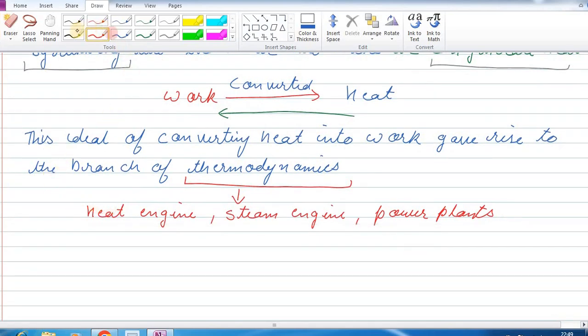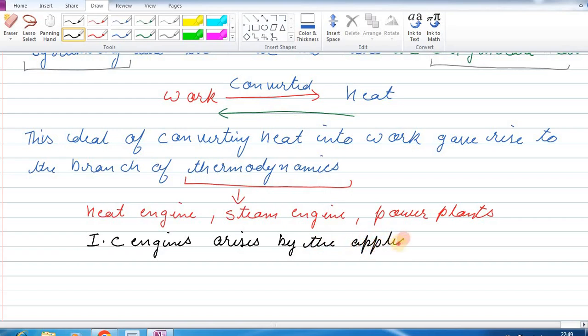And of course, the 2-stroke and 4-stroke internal combustion engines, IC engines, arise by the application of thermodynamics.